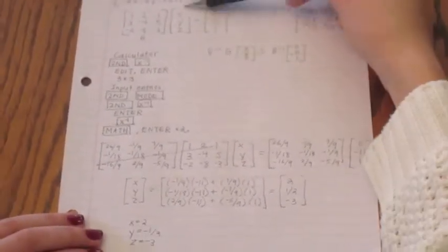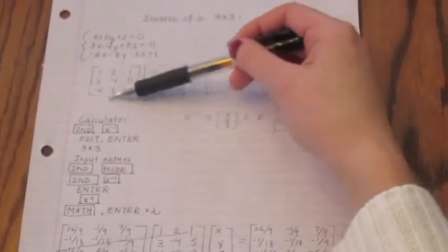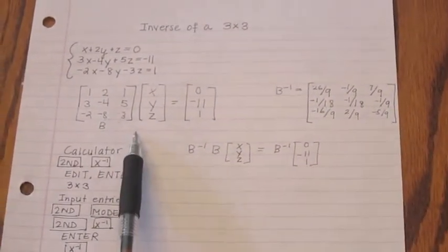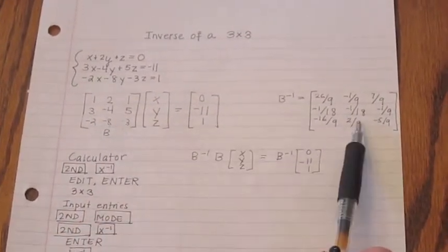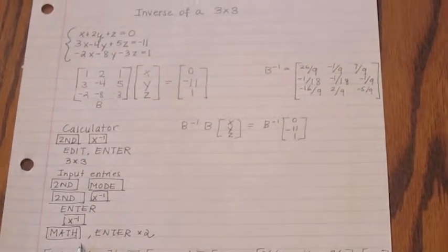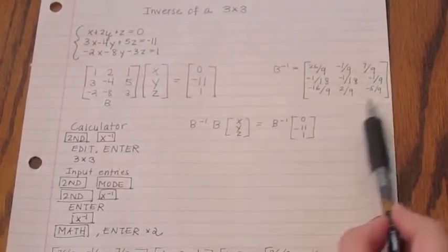So just to recap, I have my system of equations here. I set up a matrix equation using the coefficients, the variables, and then the answer on the right side. Okay, and to solve this, just like my 2x2s, I have to find the inverse of this matrix, and I did that using my calculator with these steps, my graphing calculator. So I found that to be this is my inverse.